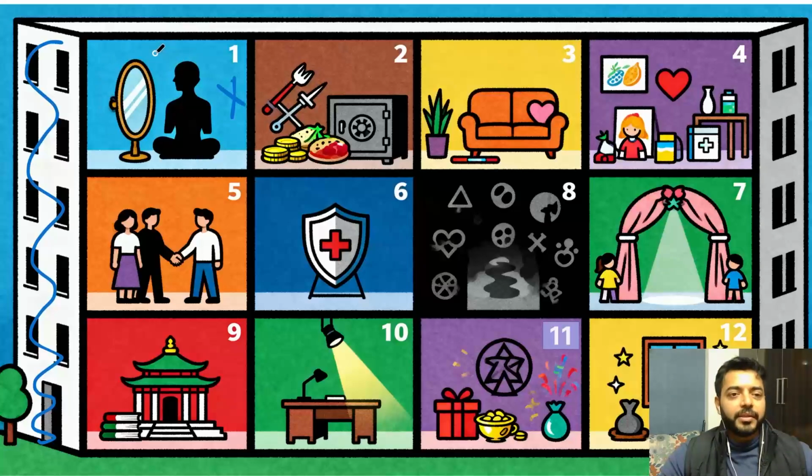For example, the first room is always about me, my personality, the way I look at myself, everything about me, who I am, what's my purpose. That's what the first house always shows. The second house is about wealth, family, speech, food, and a few other things.